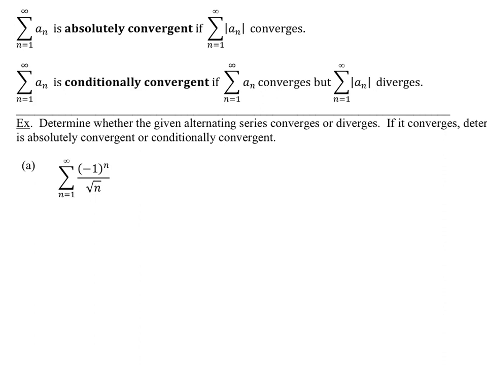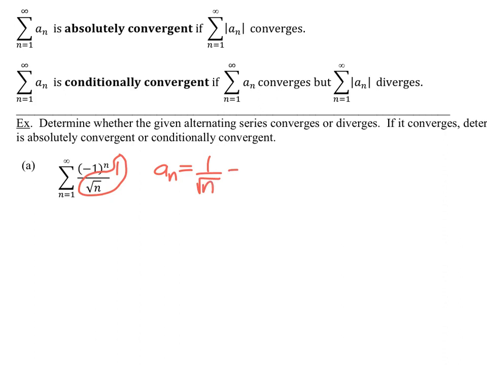So if you want to use the calculator to run the numbers, you can. Or you could just plug and chug. In all honesty, in most cases, plugging and chugging is not the most challenging way to go. So a sub n here, we're looking at 1 over the square root of n.